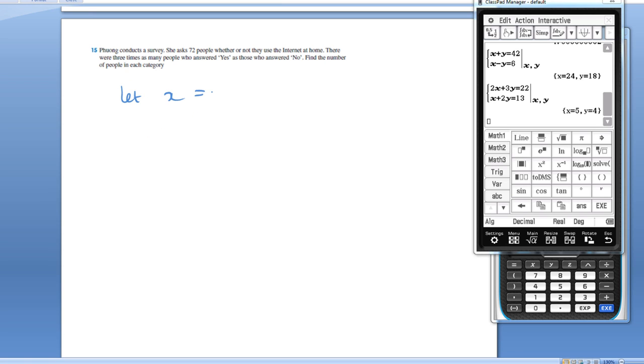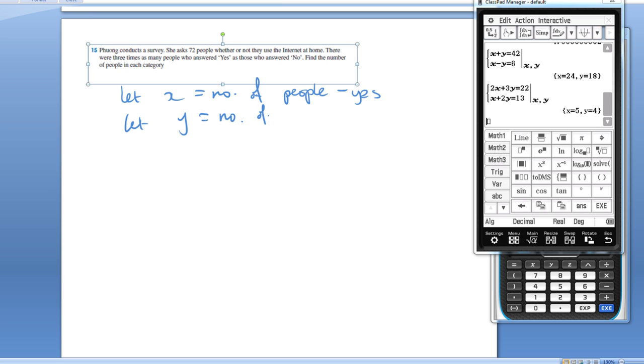Let x equal number of people who were yes, and let y equal number of people who were no. This is a simple one to get started because there were 72 people who answered, and x's represent the yeses, y's represent the no's. So x plus y equals 72.